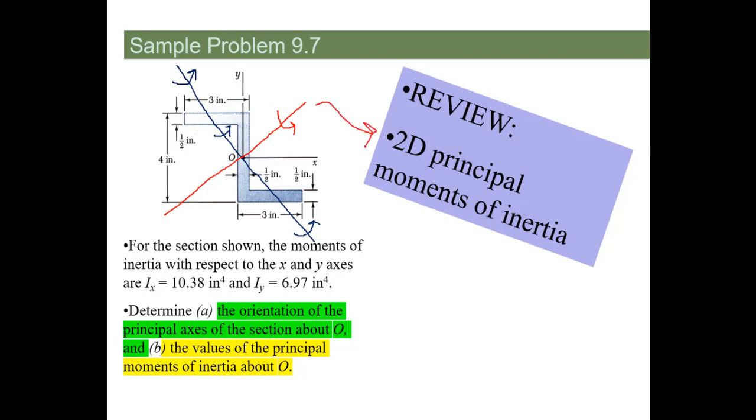We want the principal axes of rotation, and we want to know, from where we are to the new coordinate system, how much we would have to rotate to find where those principal axes of rotation, principal moments of inertia, are. We're going to do that with a Mohr circle and also using the inertia around this original coordinate system.